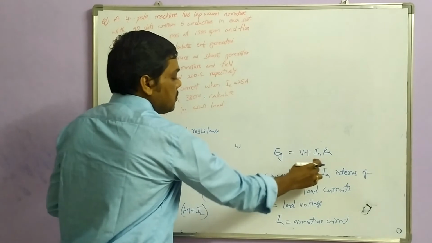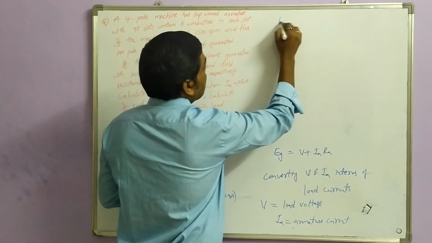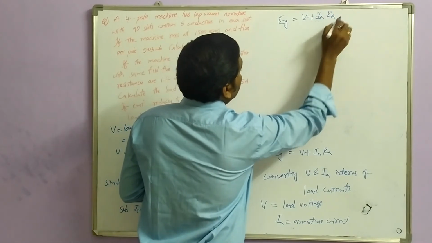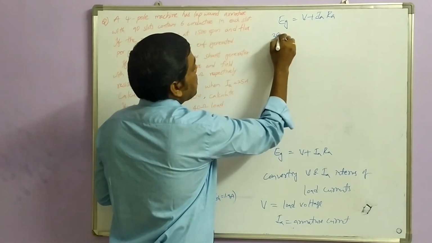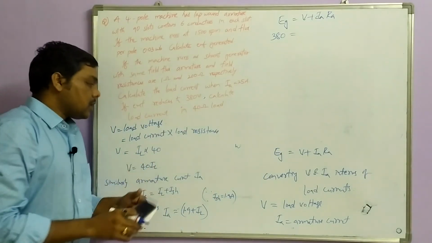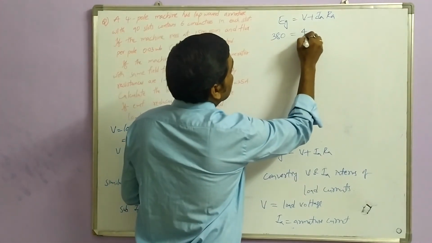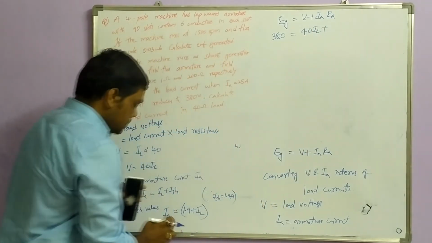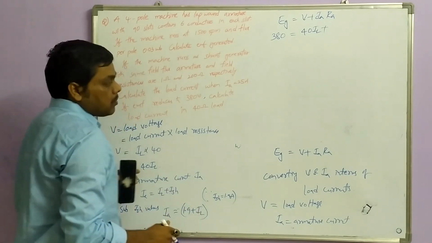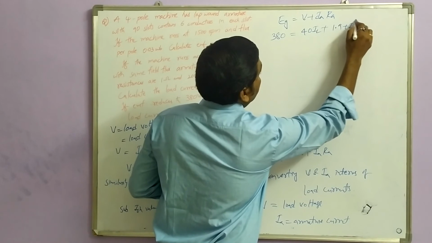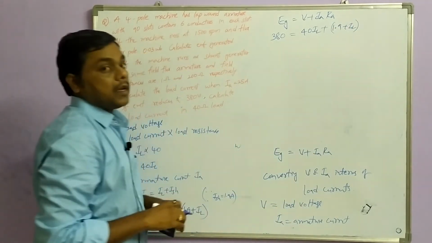Now Eg is equal to V plus IaRa. Eg is equal to 380 volts, and V, so what is V? V is nothing but 40 into IL plus, what is Ia? Ia is 1.9 plus IL, 1.9 into 1.9 plus IL.